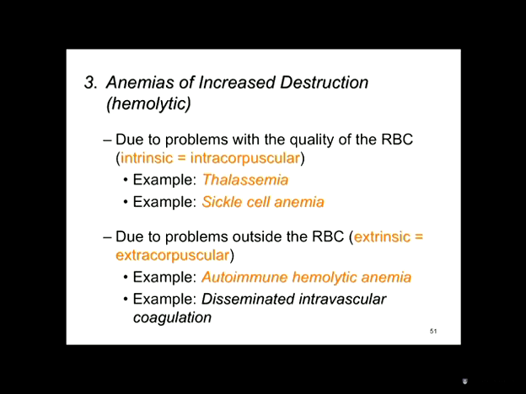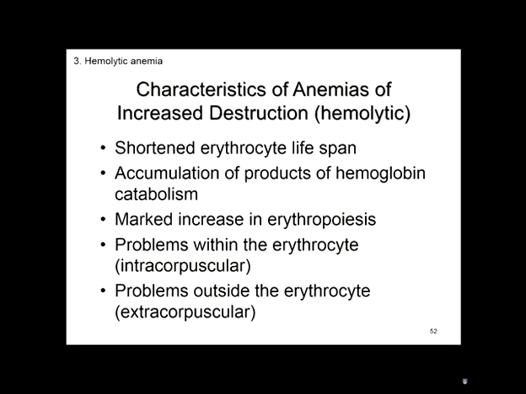Okay, so for the purposes of looking into what happens with patients when they have hemolytic anemia, we'll focus on sickle cell anemia. So, first of all, what does it mean in terms of the red cell itself? Well, it's being destroyed before it's senescent, before it's run its lifespan.